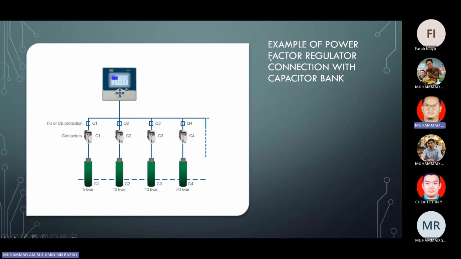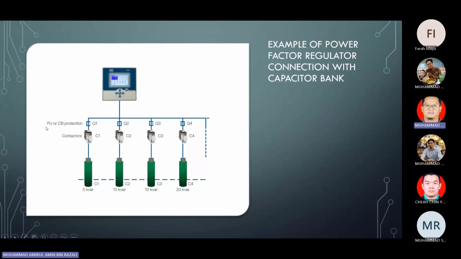I will explain an example of a power factor regulator connection with the capacitor bank. As we can see from the diagram here, we have four capacitors with different parameter values. The first capacitor is 5 kVAR, the second capacitor is 10 kVAR, the third capacitor has the same value, 10 kVAR, and the fourth capacitor is 20 kVAR.